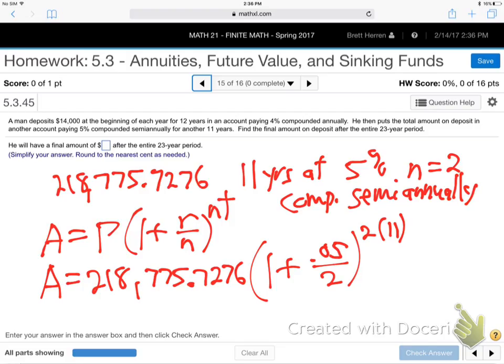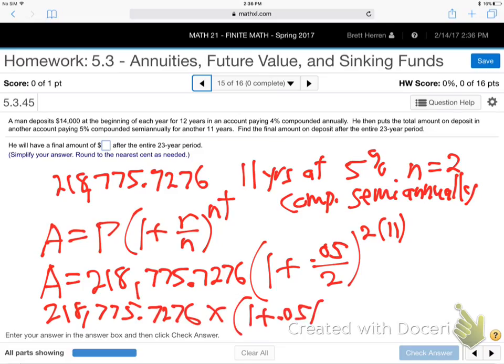So you know what I would do, guys? I would just leave the answer you have on your screen and just go times the rest with parentheses. I would just take my answer that I had, the 218,000, because it's nice when it's still on the screen, just to not have to write it and retype it, times parenthesis 1 plus 0.05 over 2, parenthesis to the 22 power, equals.